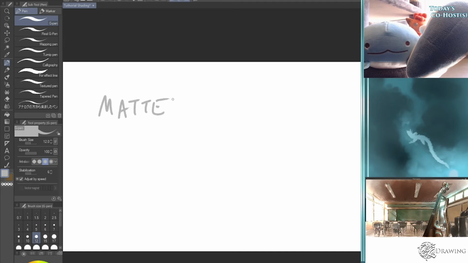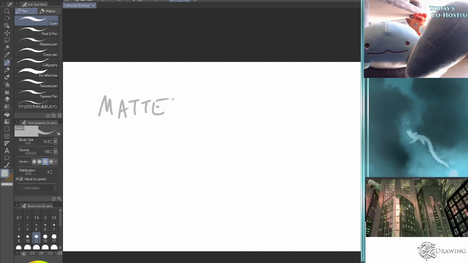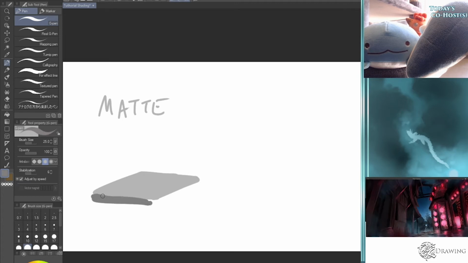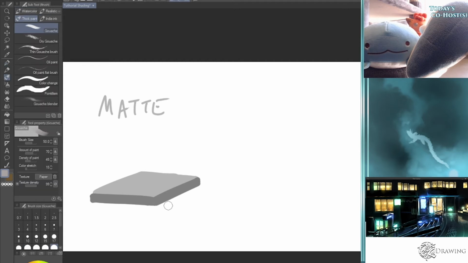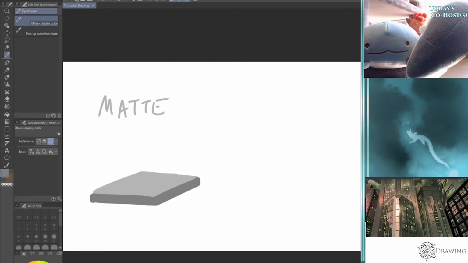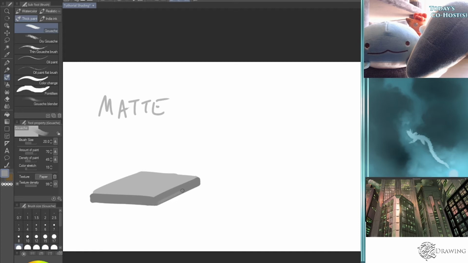A matte object, like say, an unpolished table, doesn't really reflect anything. That's it. We can give it a teensy bit of reflected light, maybe, but it's going to be incredibly subtle.